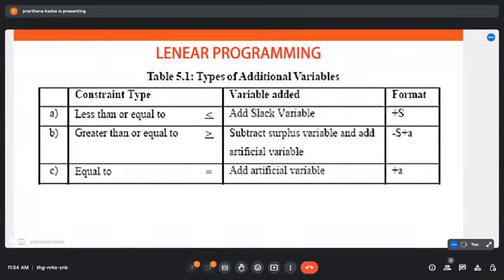So S is for surplus. For equal to, add an artificial variable, that is A for artificial. So these are the types of additional variables.